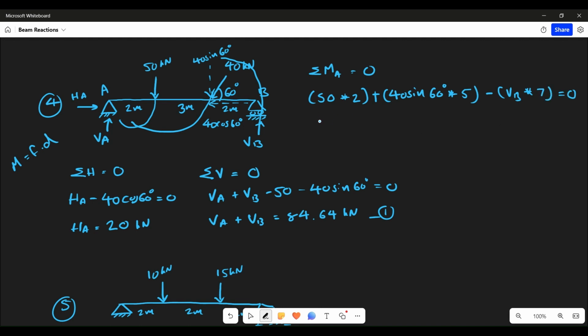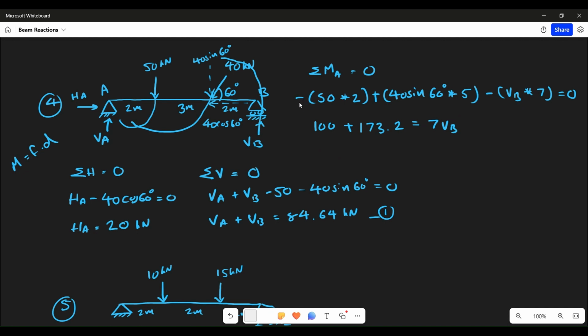Now let's solve this. So you will get 100 here plus 40 sine 60 into 5, that is 173.2, is equal to, let's take this to the other side, 7 VB.